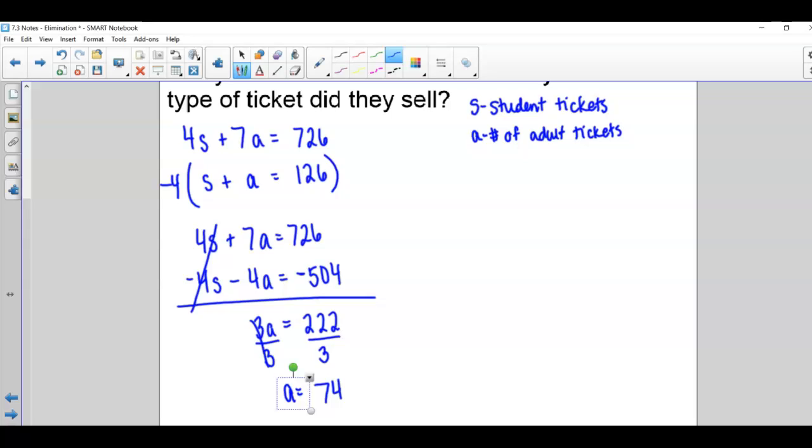Alright, we can plug back into either one of the equations to find the number of student tickets, or you know it's 126 total, so you could do 126 minus 74. But let's just use the equation. So we'd have S plus 74 equals 126 if we plugged into that bottom equation. And so you'd subtract 74.